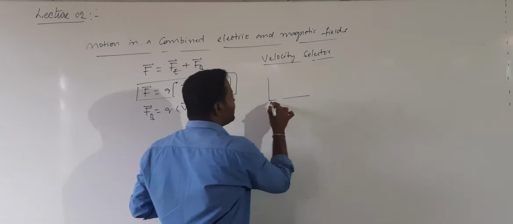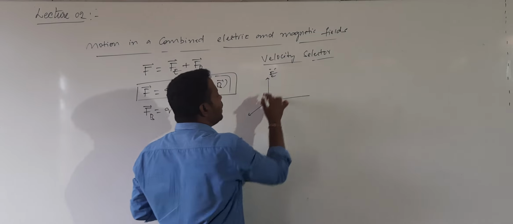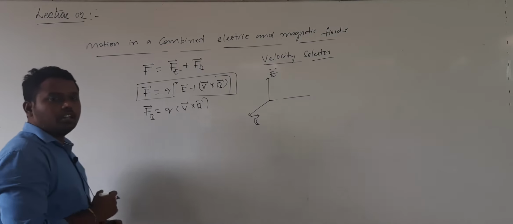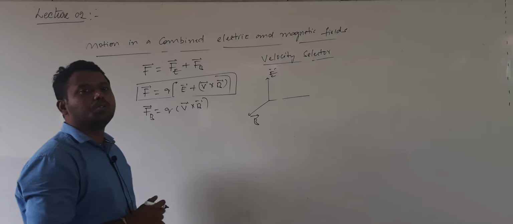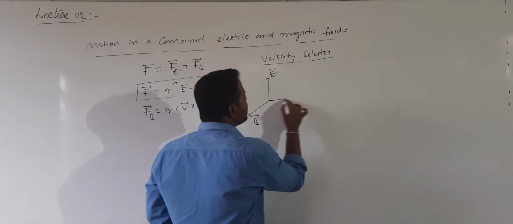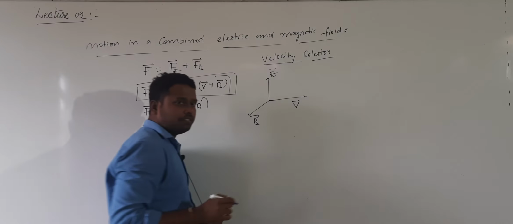In this velocity selector, we need to apply both electric field and magnetic field which are mutually perpendicular.